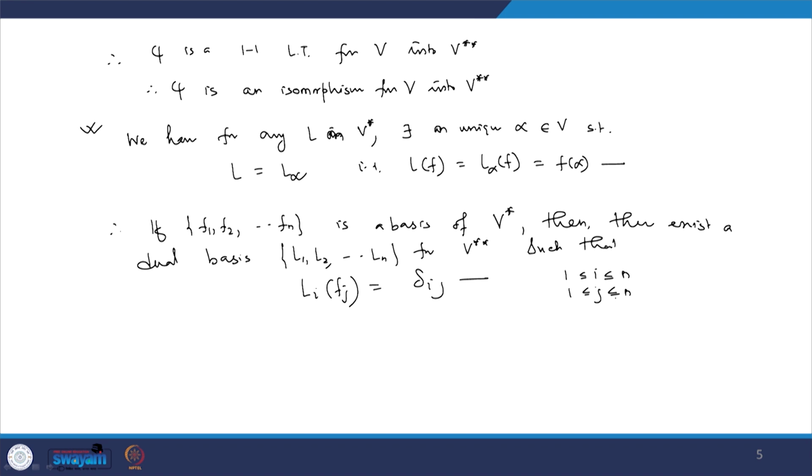This we already know from previous studies that if you consider a basis for the space V star, then certainly there is a dual basis L1, L2, Ln for V double star.